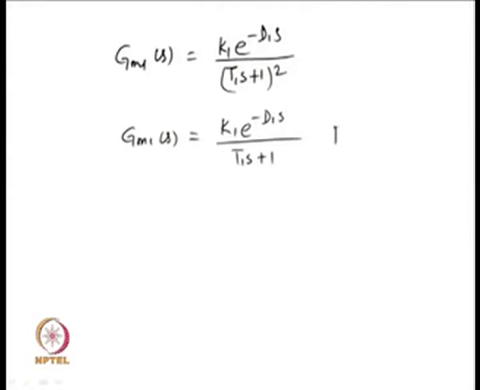So, we can represent the SISO transfer function model by some first order plus dead time model, unlike the second order plus dead time model that we have assumed for our study.